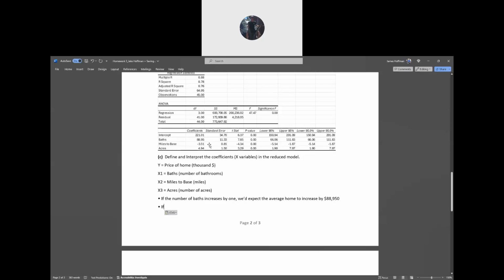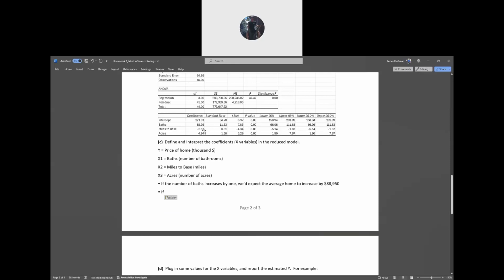So miles to base would be 3.51. So that would be if we're another mile away, the value goes down by this, in thousands, right?